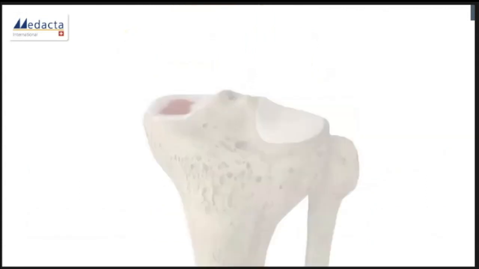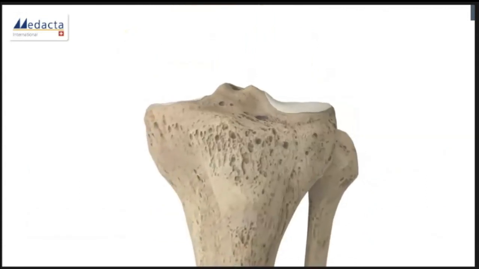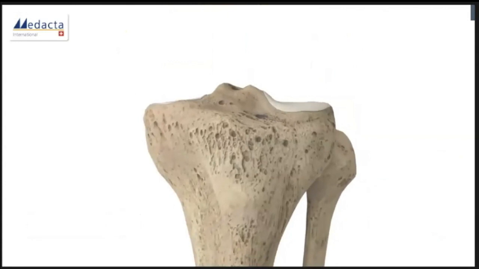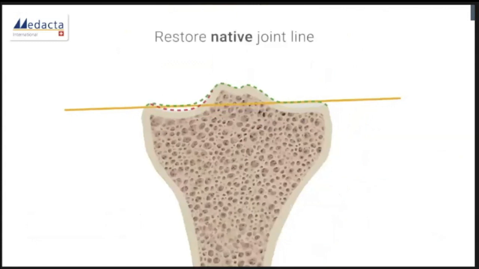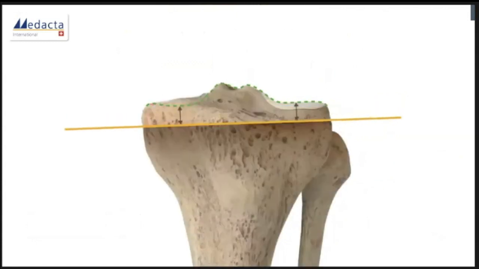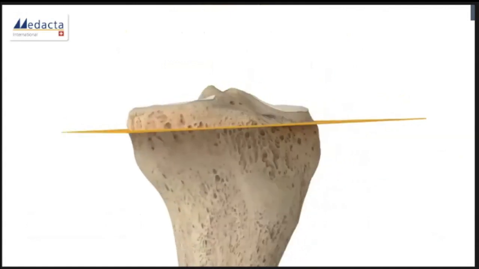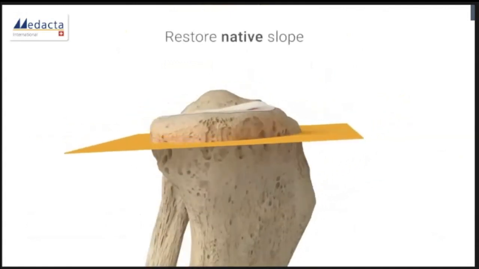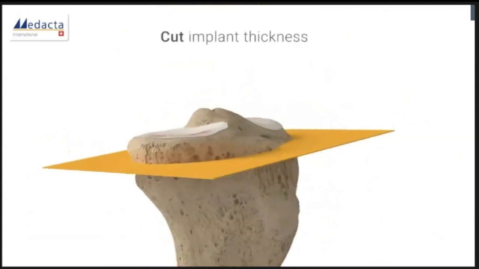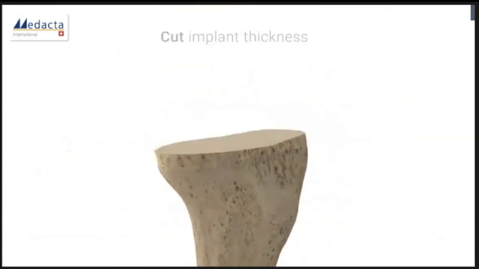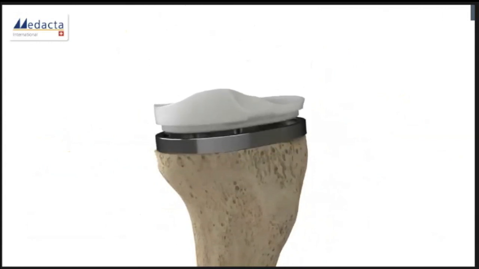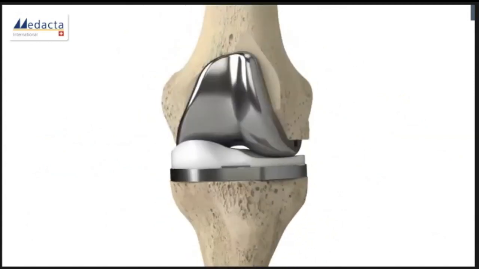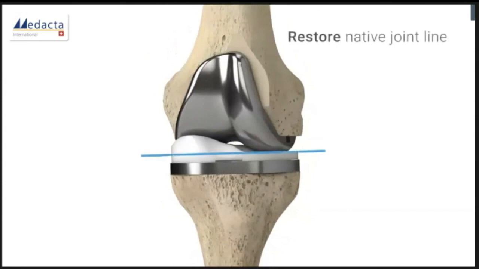On the tibial side, very similar technique. We want to look at the worn surface, compensating for the cartilage and bone loss, resecting a similar thickness on the medial and lateral compartment, taking into account the tibial slope, and replacing both compartments with an implant that matches the thickness resected.